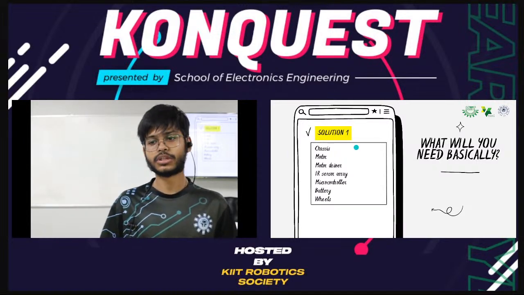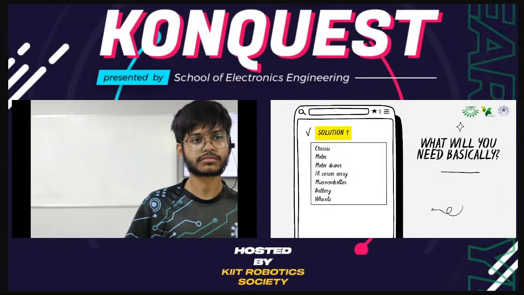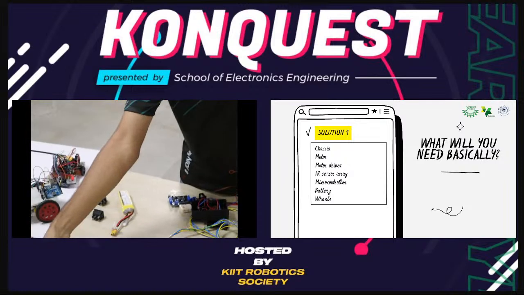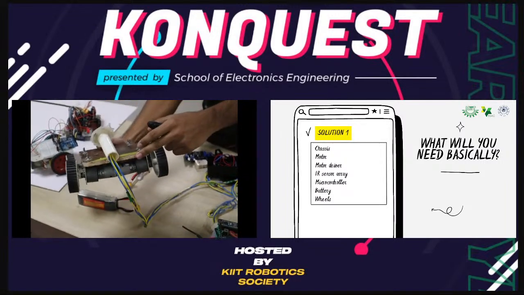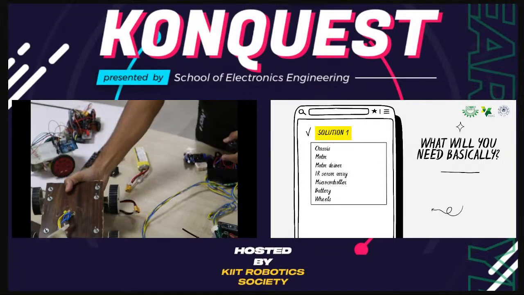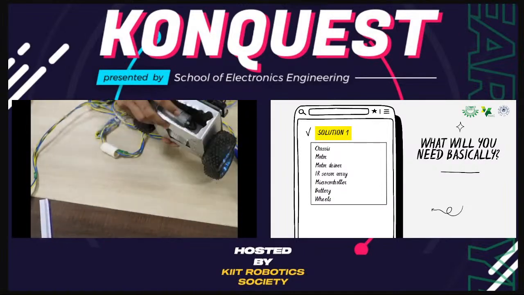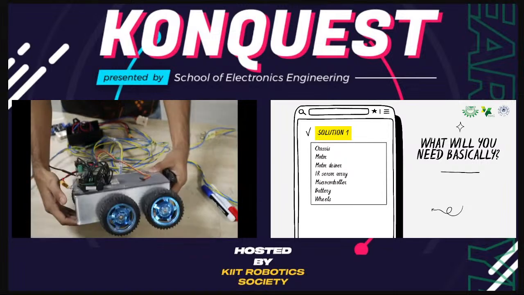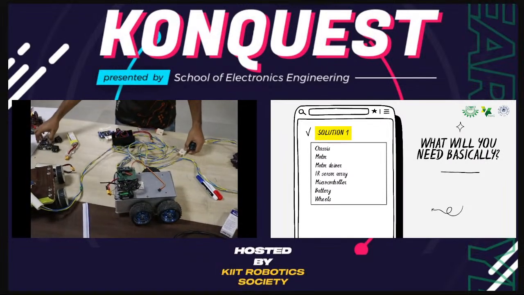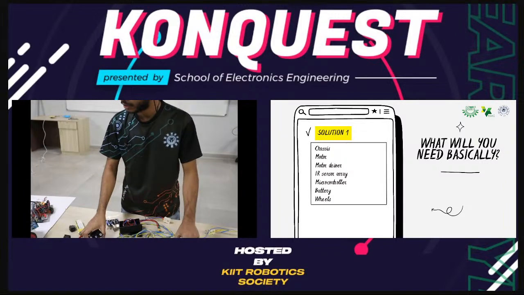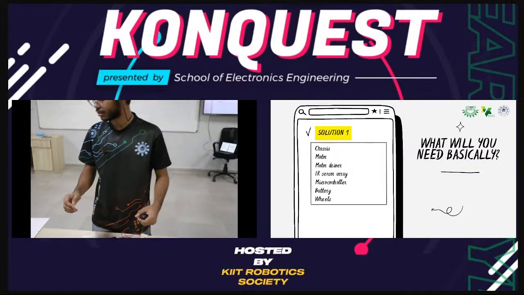I'd like to show you them again. This is the chassis, a custom chassis. These are a few motors inside. These will be wheels, and then you have your motor drivers. These will be common for the line follower as well. Just you will have a few changes with the chassis.